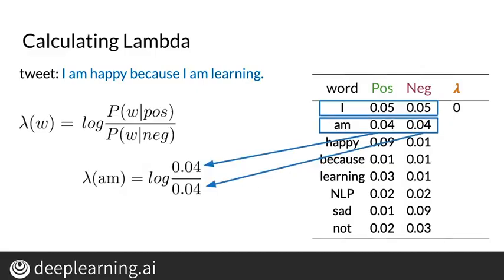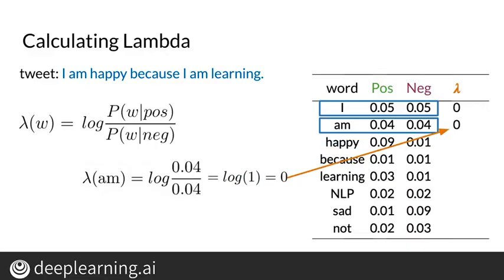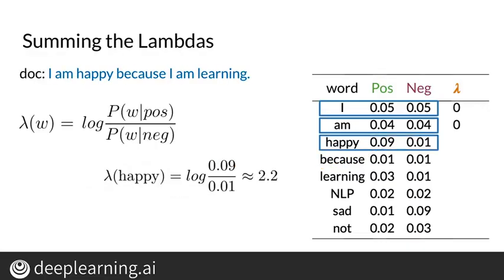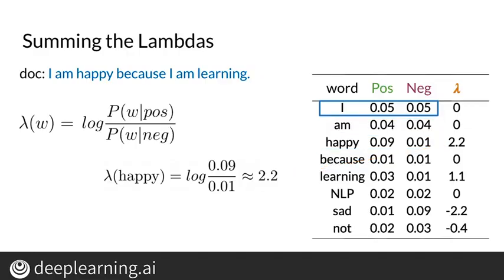For am, you take the log of 0.04 over 0.04, which again is equal to 0. So you enter 0 in the table. For happy, you get a lambda of 2.2, which is greater than 0, indicating a positive sentiment. From here on out, you can calculate the log score of the entire corpus just by summing the lambdas.